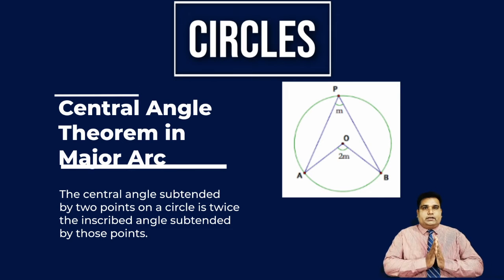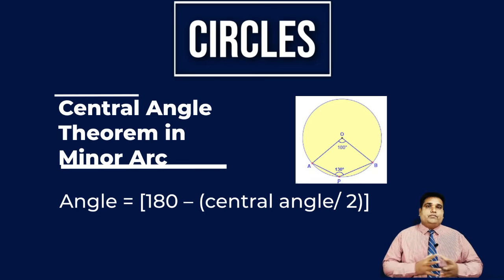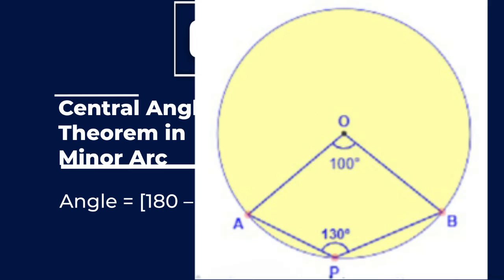And for the case of the minor arc, we have a direct formula that we can easily use. The angle is equal to 180 minus half of the central angle. So that way we can find the angle of the minor arc here, right? This theorem holds when the arc is a minor arc.